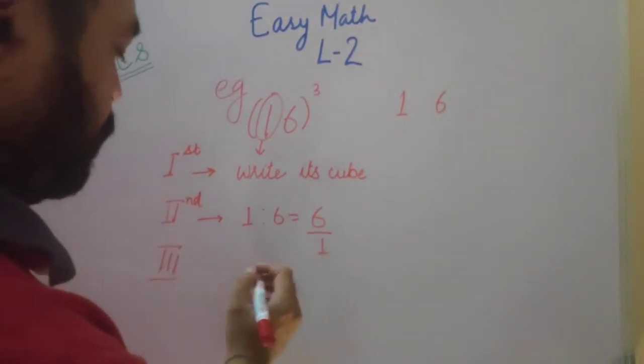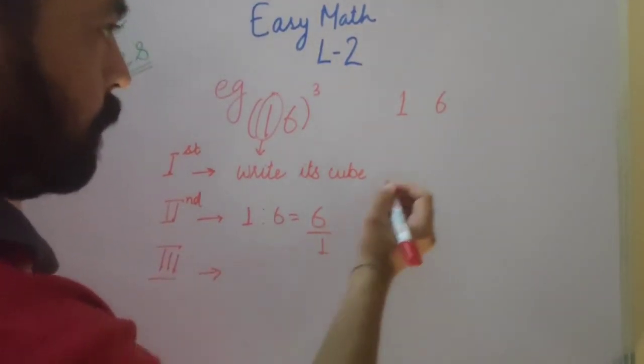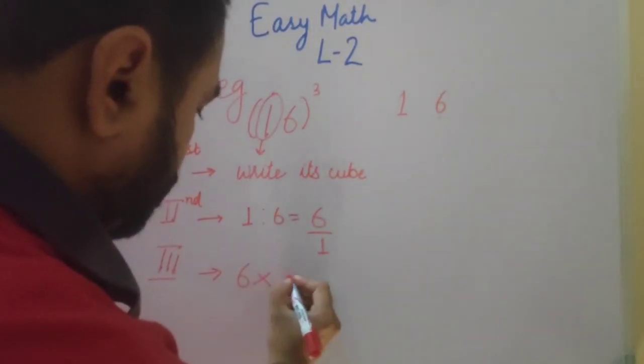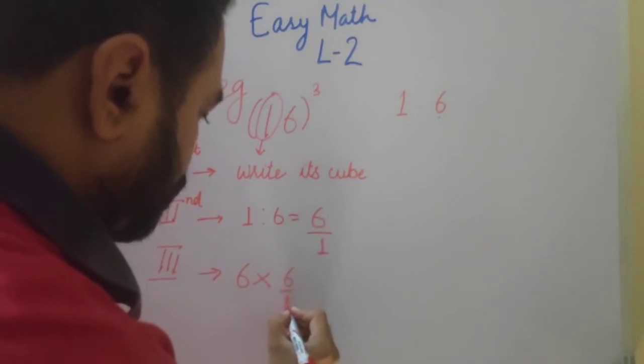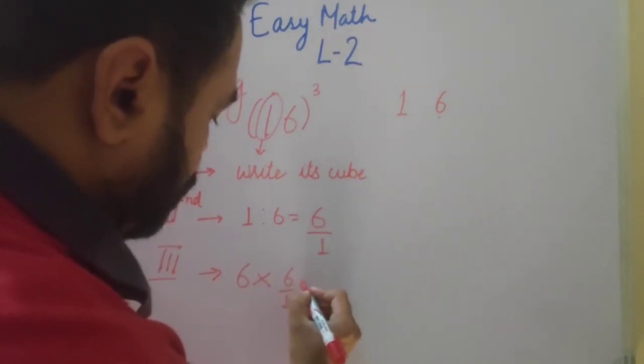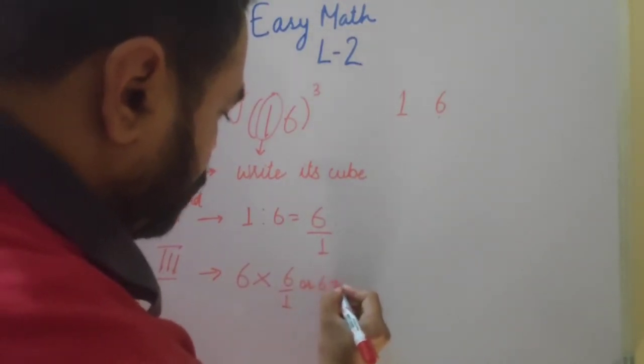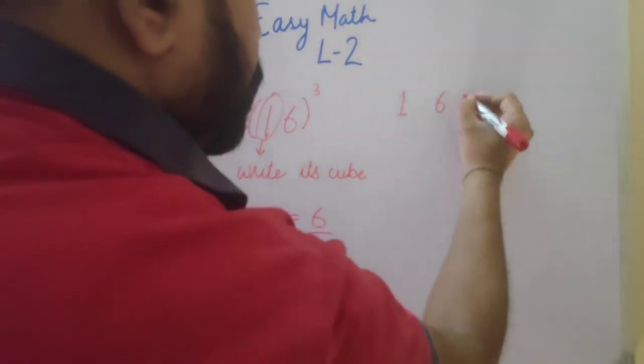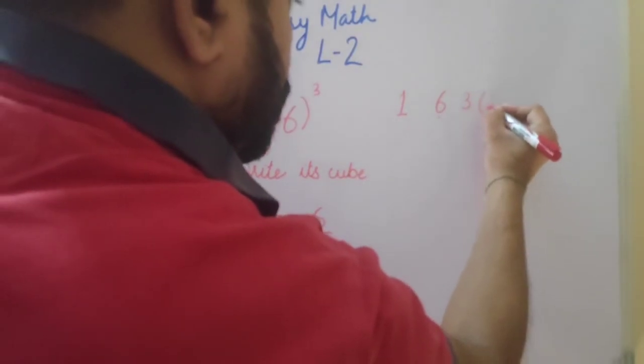Now the third step is we again multiply this 6 by 6 is to 1, or 6, which becomes 36. So we write it down at the third place.